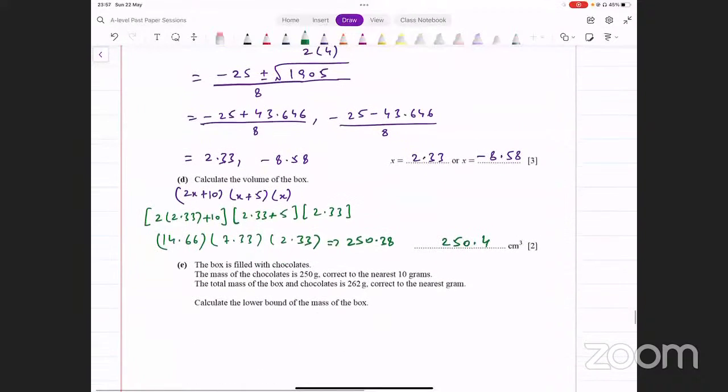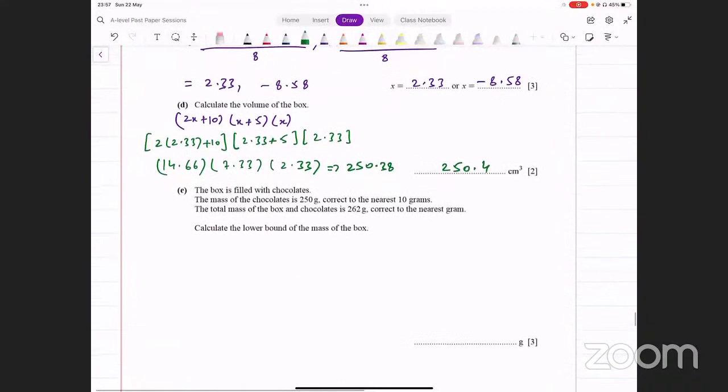Okay, we got another part here. Now it says the box is filled with chocolates. The mass of the chocolates is 250 grams, correct to the nearest 10 grams. The total mass of the box and the chocolates is 262 grams, correct to the nearest gram.